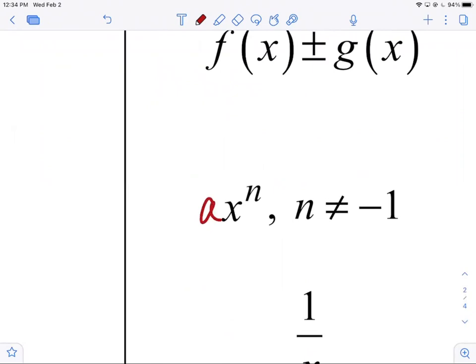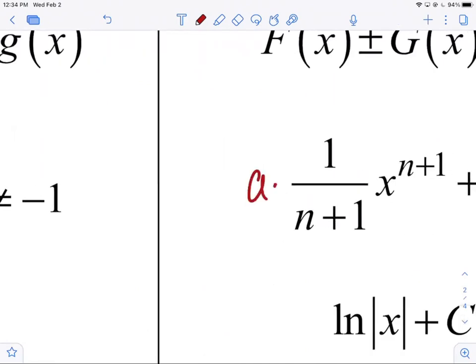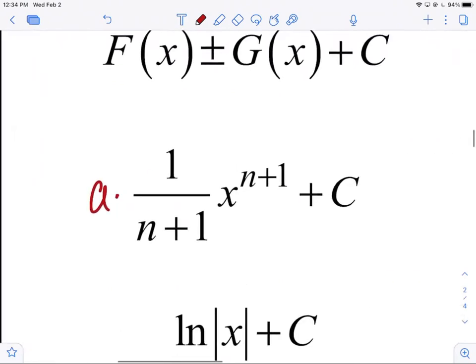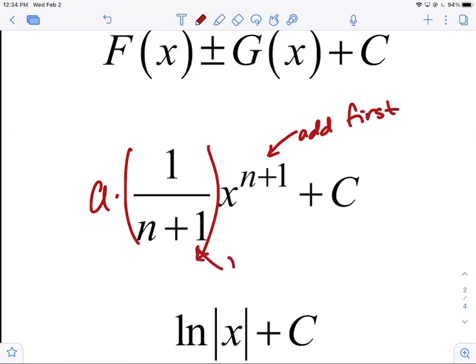Put a little a in front because there could be something there. Ax to the n, where n is not equal to -1. A goes along for the ride times add 1 and then multiply by the reciprocal. Add first and then multiply by the reciprocal second.